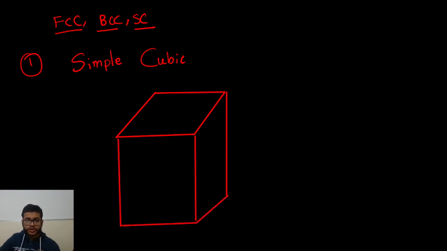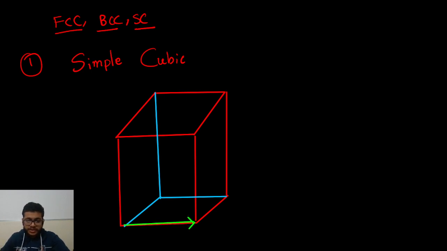Okay, this is a simple cubic lattice. It doesn't look like a cube, but we can say so. Let us draw the backside lines with blue color. And what are the primitive lattice vectors? Pretty simple.